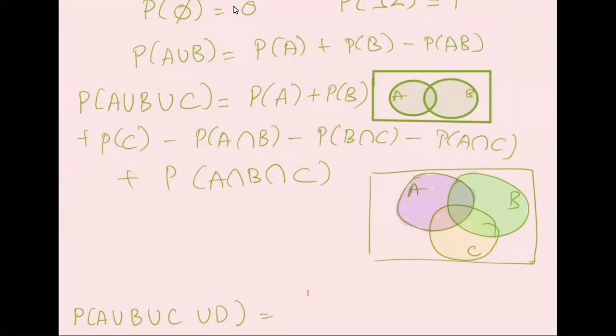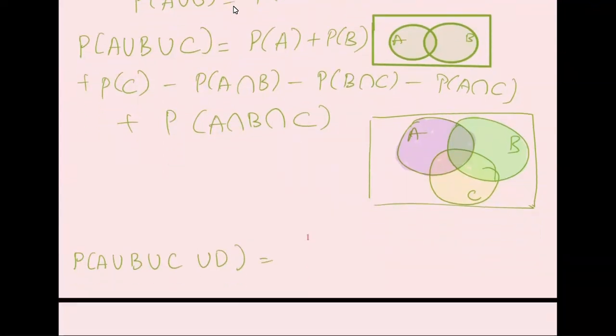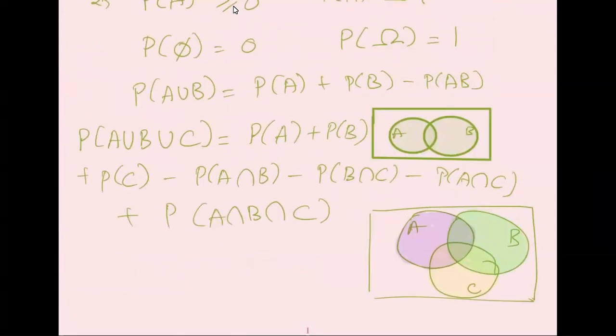Does this make sense, for the A union B union C? Yes, and this idea can be generalized for any number of sets that you have. The key is if you compare these two formulas for A union B and A union B union C, you will see that there is some part you have plus and there is some part you have minus, right? For example, you got plus for this one, and then this one.